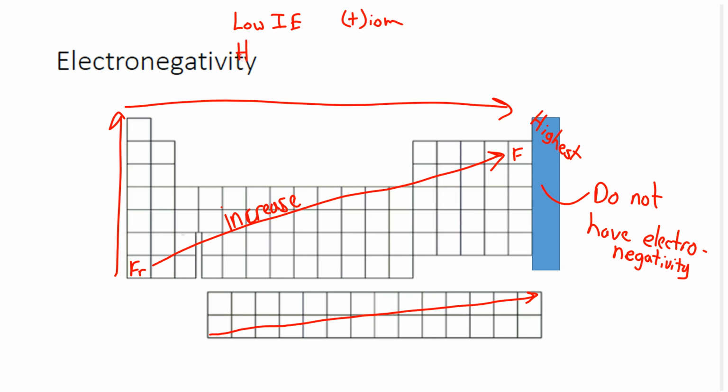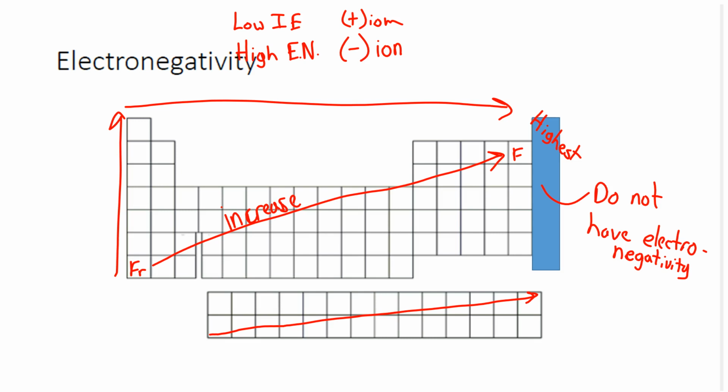If it has a high electronegativity, what type of ion do you think it's going to make? Electronegativity says we want to gain electrons. If I'm gaining electrons, which are negatively charged, I heard positive four times. No, that's a negative. Reverse.